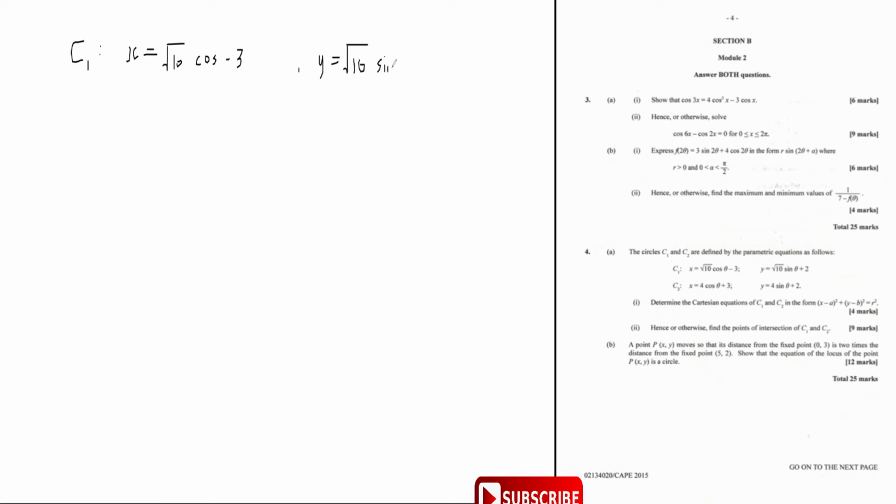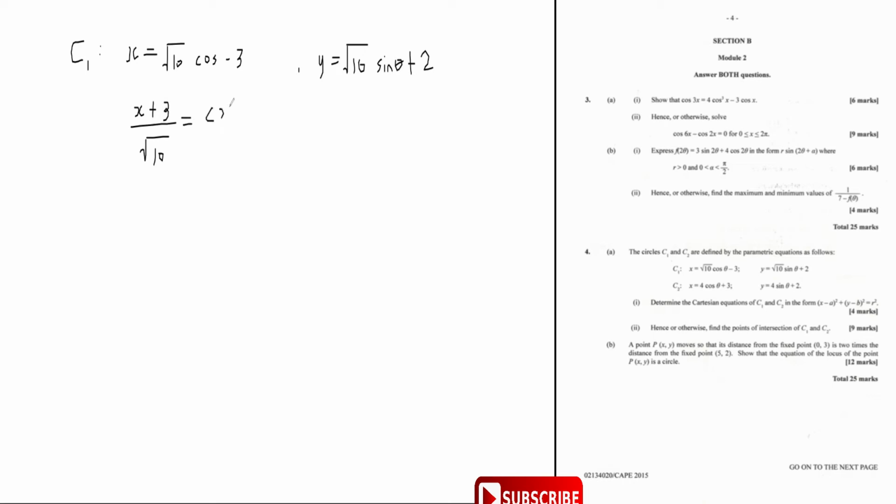The first thing we're going to do is make cos theta and sin theta the subject. You might wonder why. You'll see why soon. We add 3 to both sides, and then we divide by root 10. And so we have x plus 3 over root 10 is equal to cos theta.